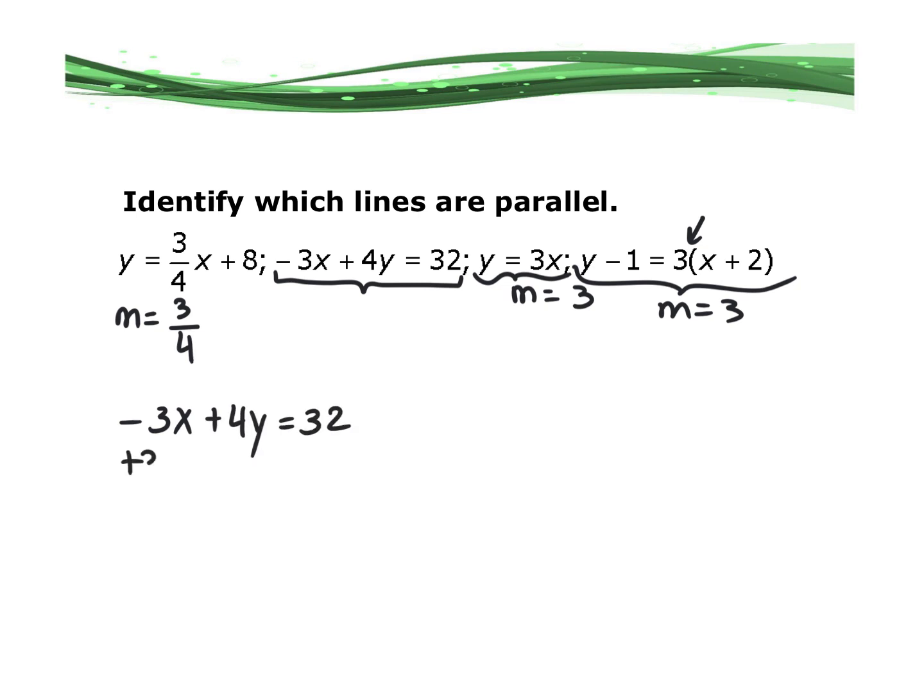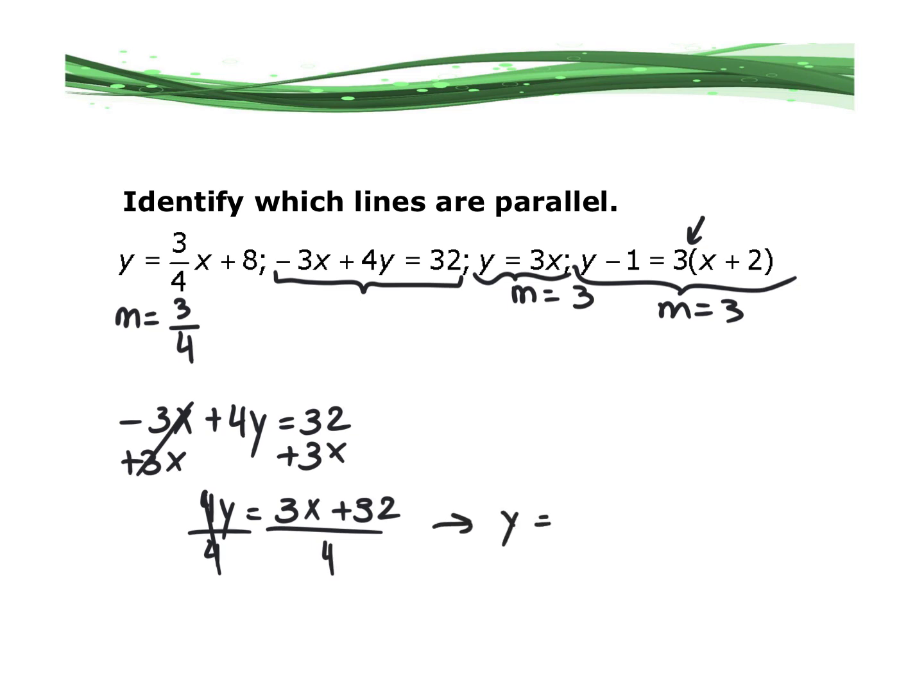I'm going to go ahead and add the 3x first, which is going to give me 4y is equal to 3x plus 32. I'm going to divide by 4 on both sides, and that will give me y is equal to 3 over 4 x plus 32 over 4.